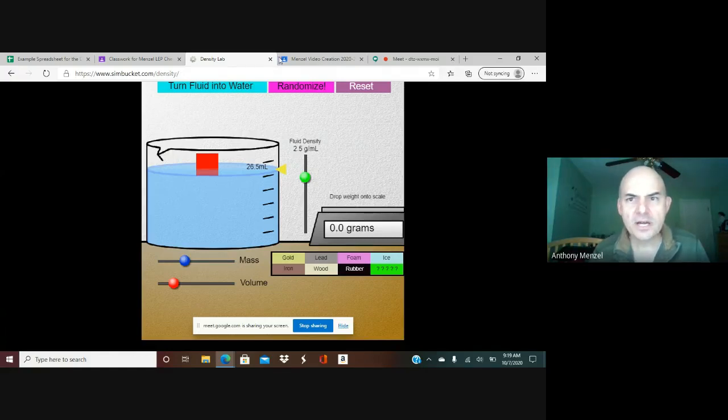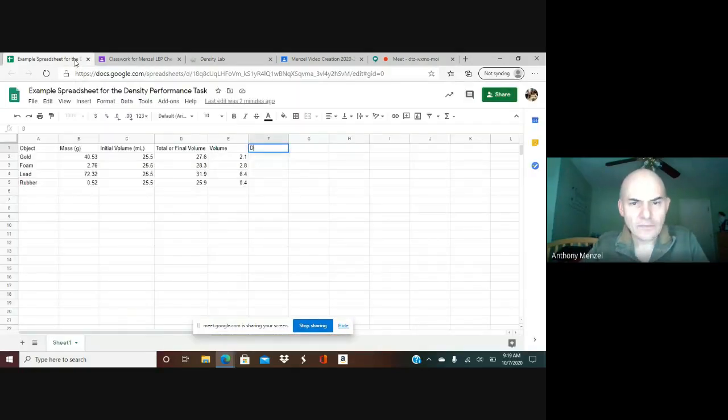So if I go to my data table, I'm going to add density, grams per milliliter. And we know that if I have something in the numerator over something in the denominator, that means I'm supposed to divide.